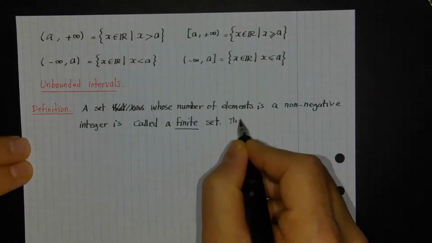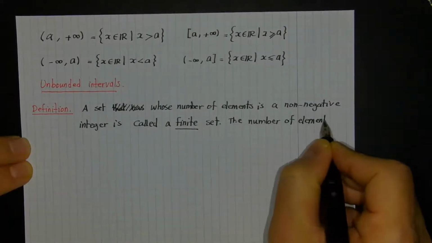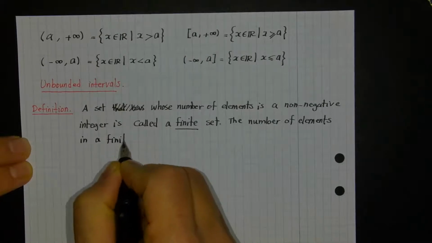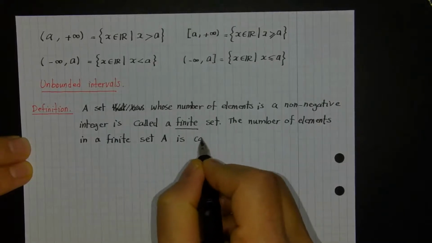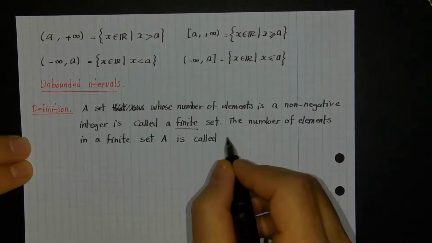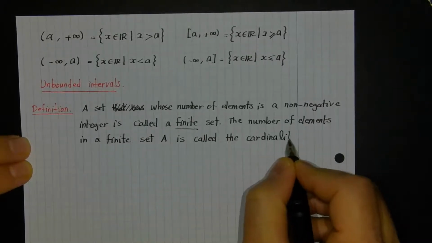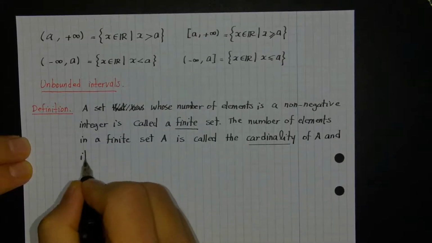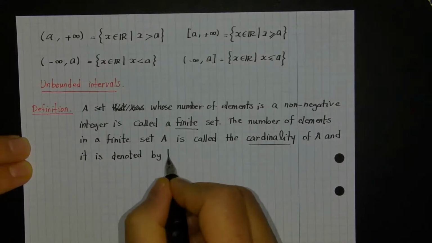The number of elements in a finite set A is called, this is a big name but a very simple thing, the cardinality of A, and it is denoted by something like absolute value.